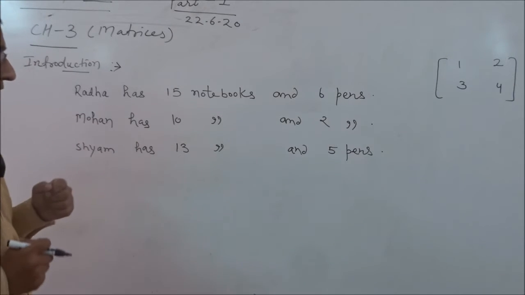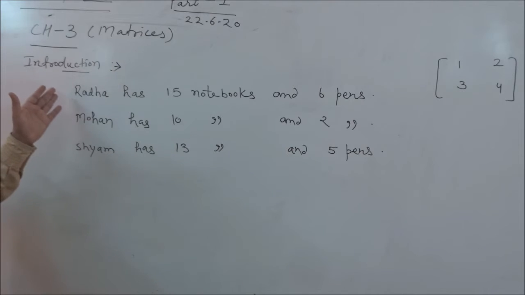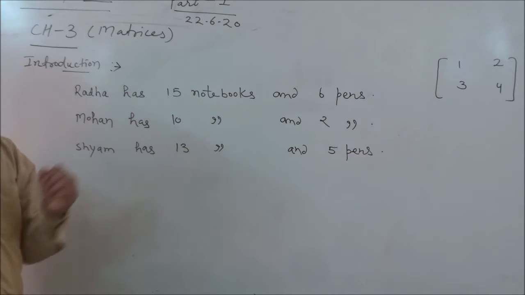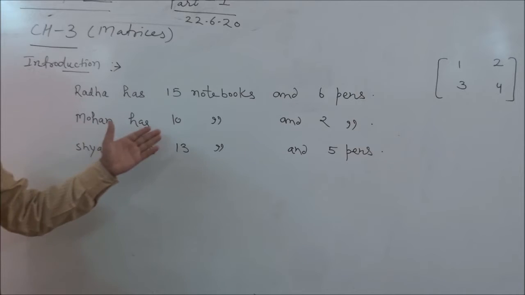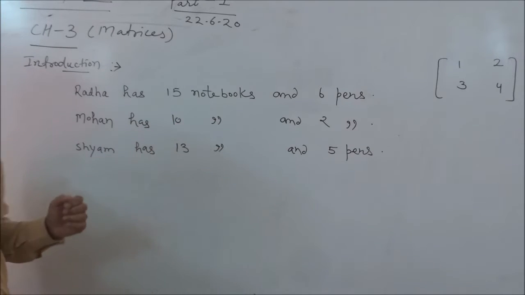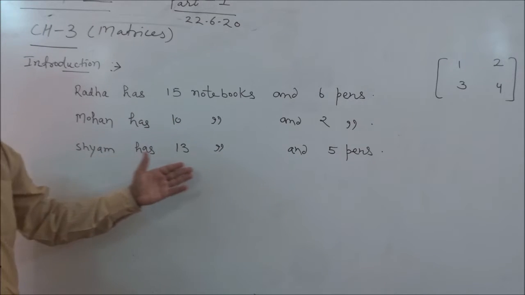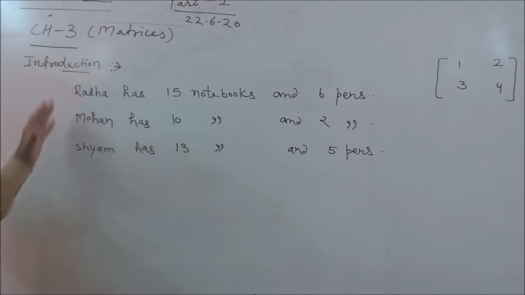If you see one example which is written here: Radha has 15 notebooks and 6 pens. Mohan has 10 notebooks and 2 pens, and Shyam has 13 notebooks and 5 pens. So this is the information.